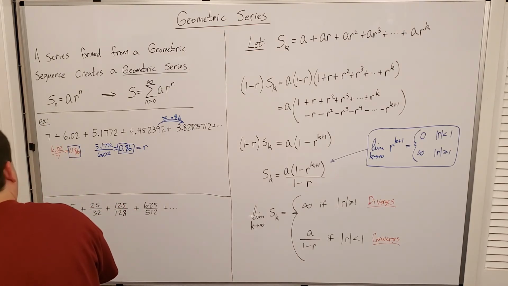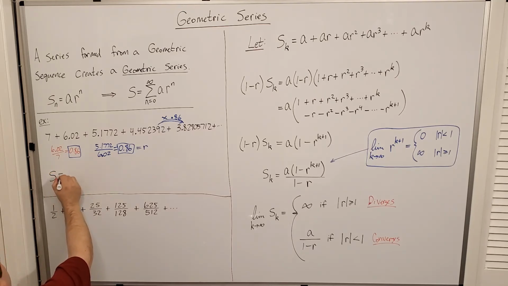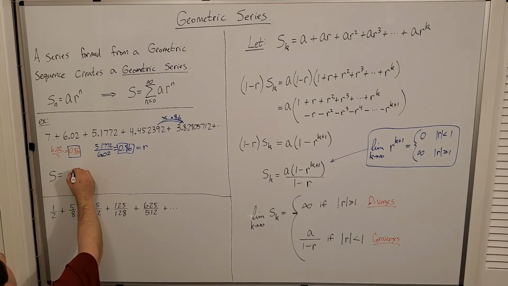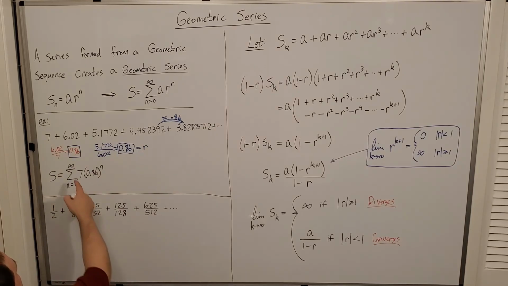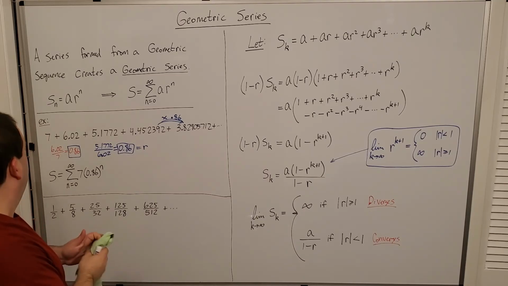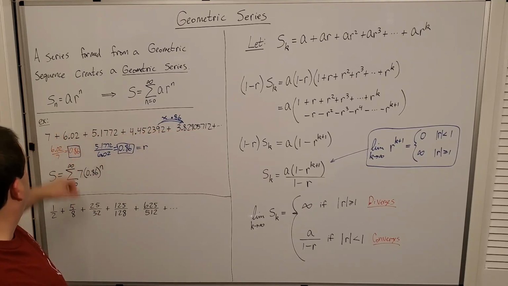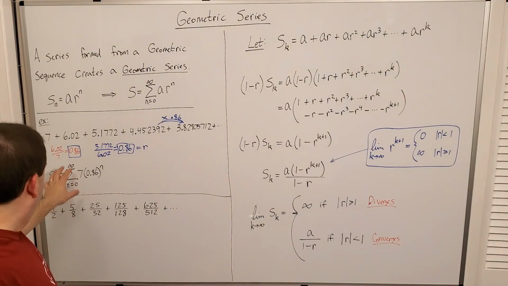S is going to be equal to the sum n equals 0 to infinity of 7 times 0.86 to the n power. So this will be the series representation of this particular series here, right? The sigma representation for the whole thing.